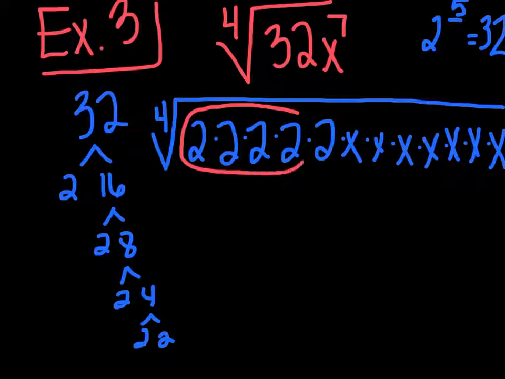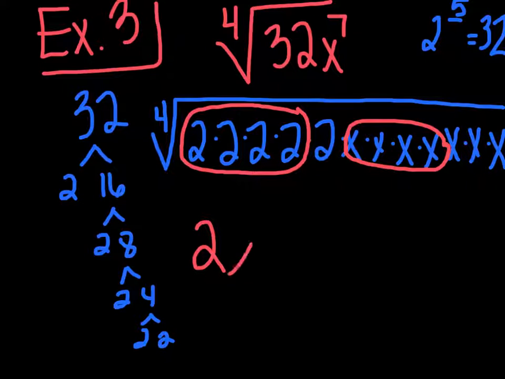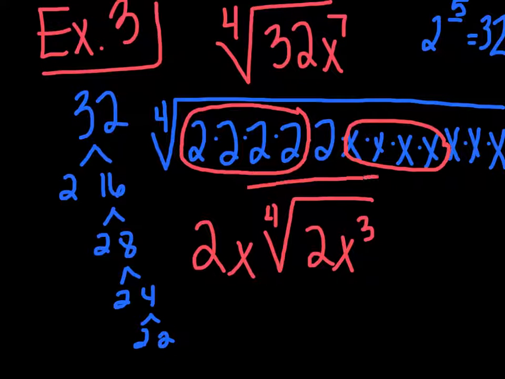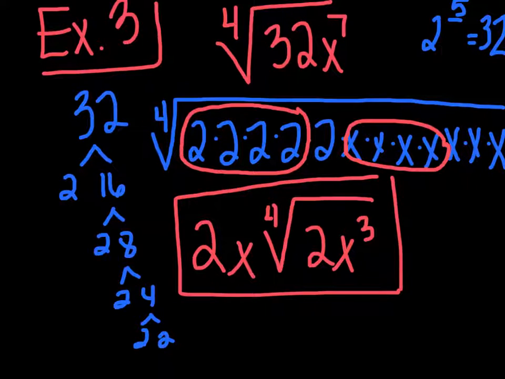Okay, we have one group of 2 and one group of x. So all our groups come out of the radical. So we have 2x, but what does not get circled, which is the other 2 and the 3 x's, will stay inside. So 2x with the root of 4, 2x to the third on the inside. And this is our final answer.